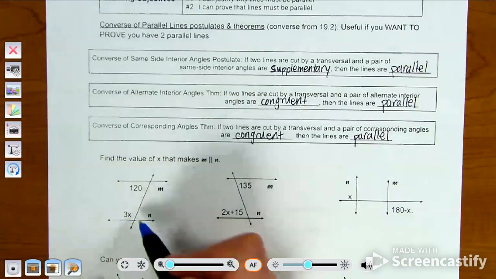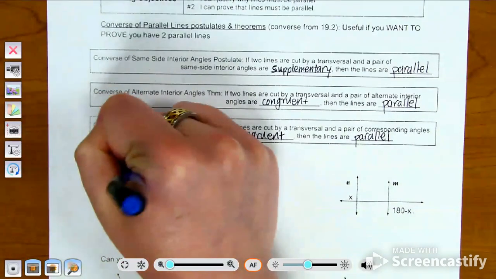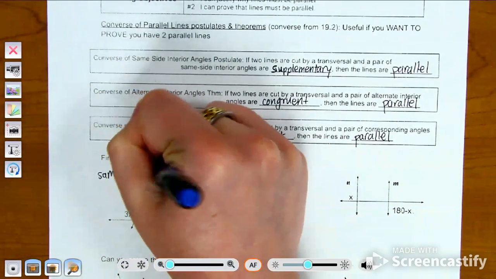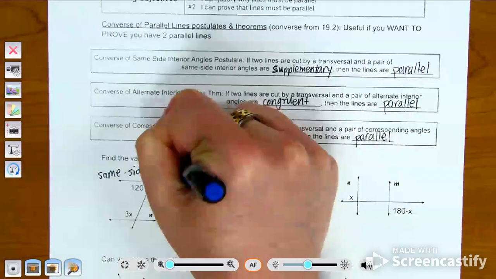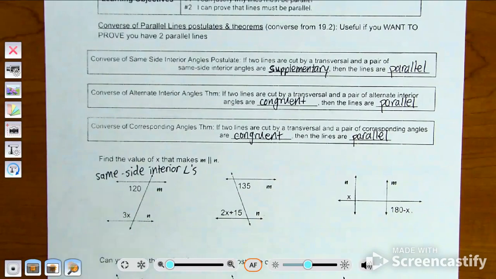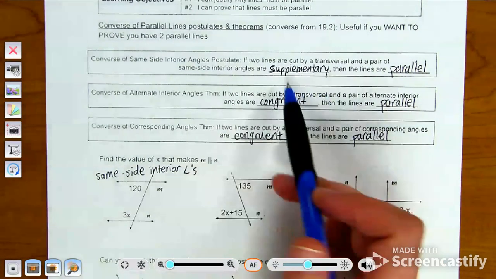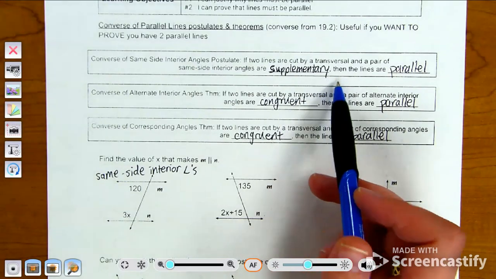So these would be classified as same side interior angles, or SS int angles for short. And we know that if the same side interior angles are supplementary, then the lines have to be parallel.